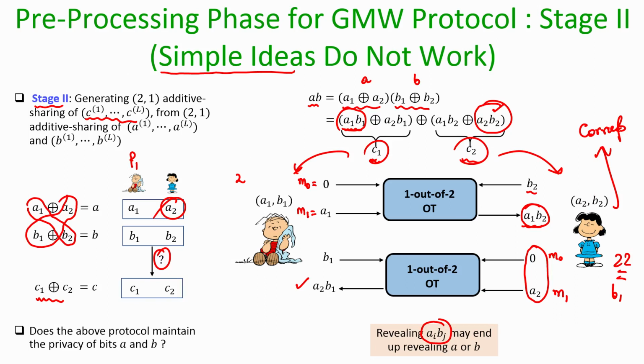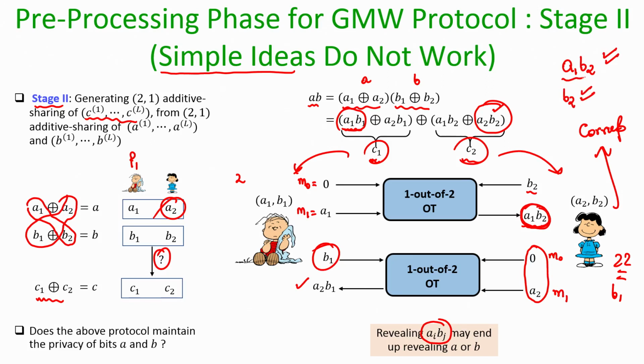If she is acting as a receiver, then she does not learn anything about B1, that is fine, that comes from the security of the receiver in the second OT. But as a receiver, she is learning something about A1 here. Why? Because she is learning A1 times B2 in clear, she is learning this full value, and B2 is also known to her.